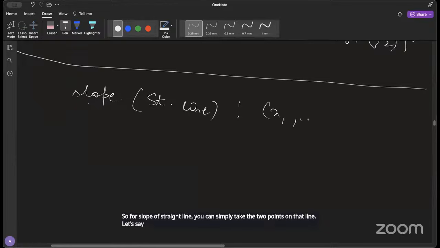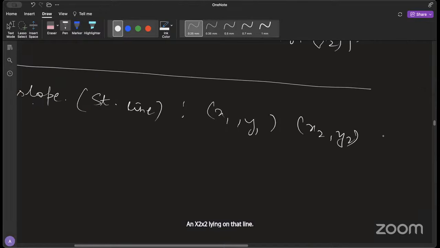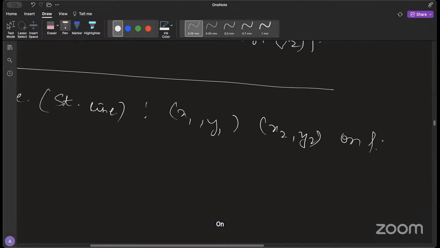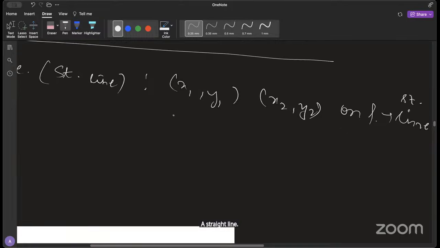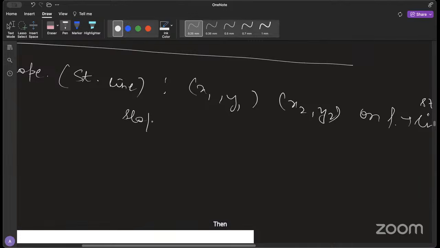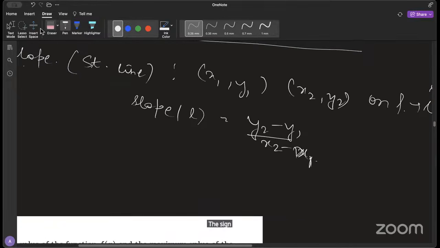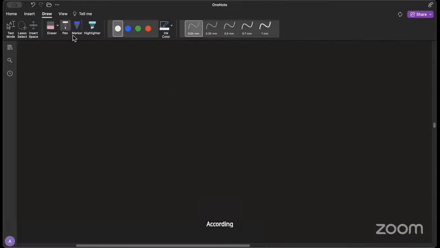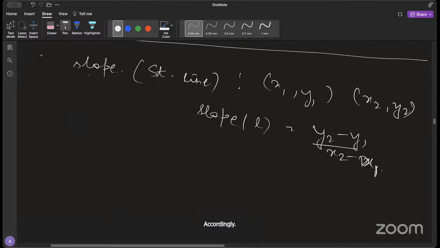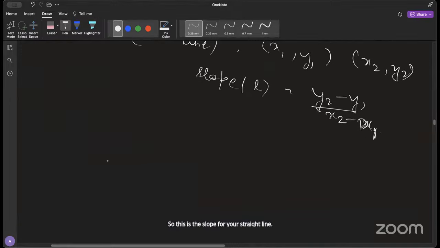Let's say you have 2 points, x1, y1, and x2, y2 lying on L, where L is a straight line. Then slope of L is y2 minus y1 by x2 minus x1, or you can reverse the orders too, that's fine too. The signs will get adjusted accordingly. So this is the slope for your straight line.